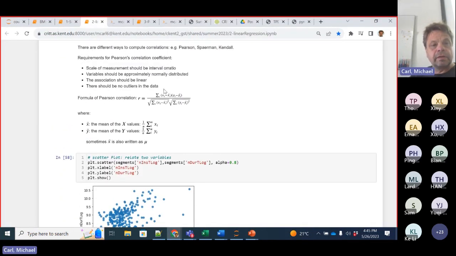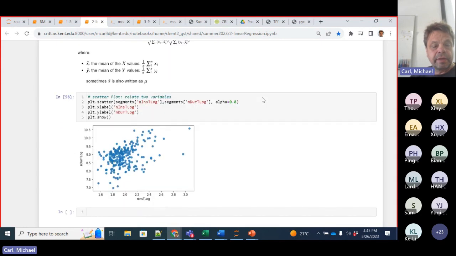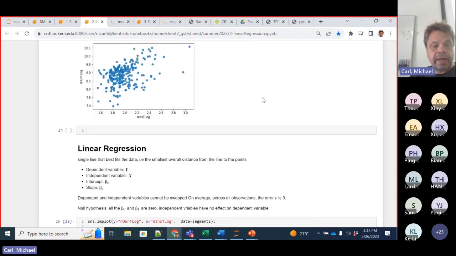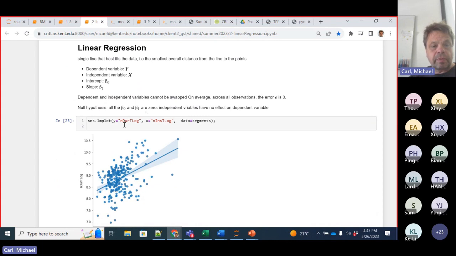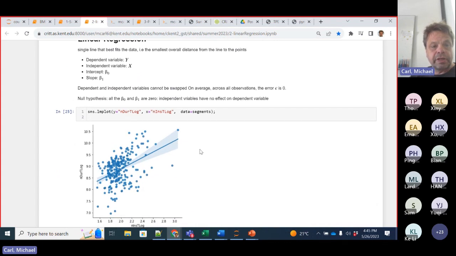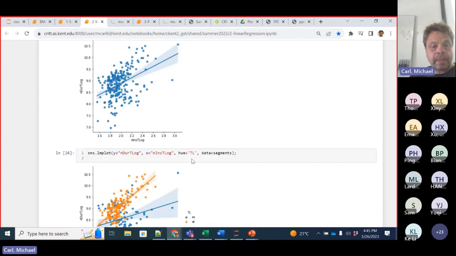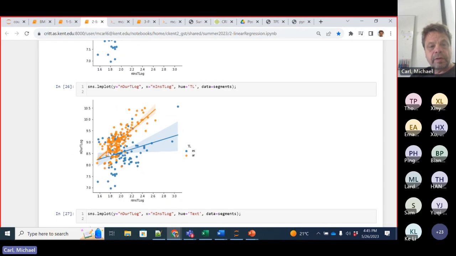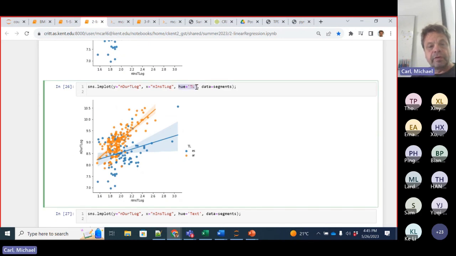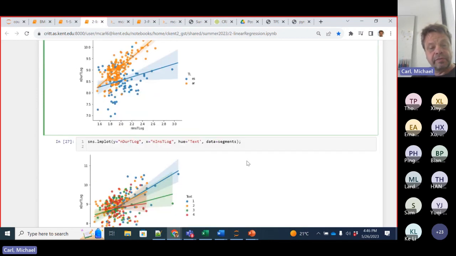It's on the server under the summer directory, and I talked about this linear regression here, where we can have a regression line. I talked about that if we take into account this categorical variable, the target language, we come to the conclusion that maybe these two languages work differently.